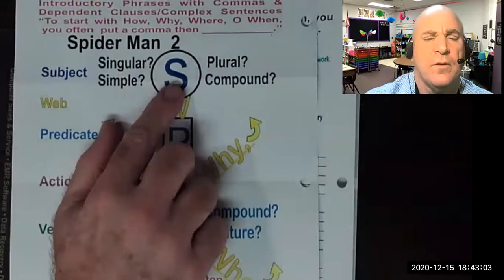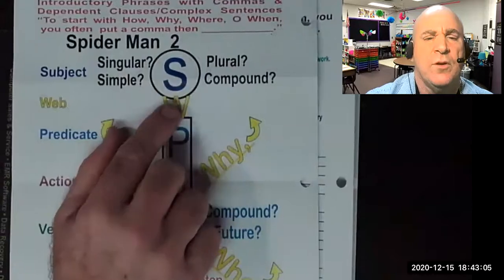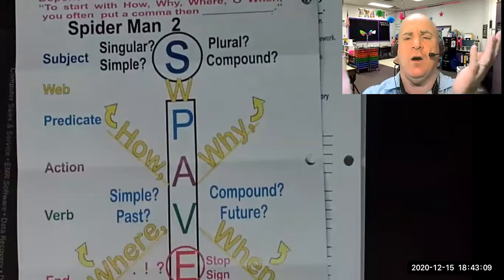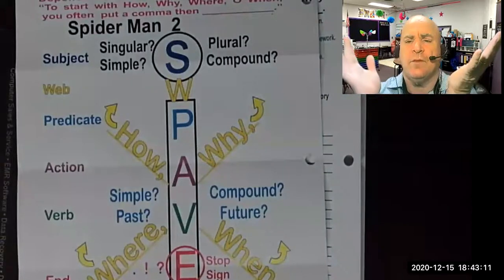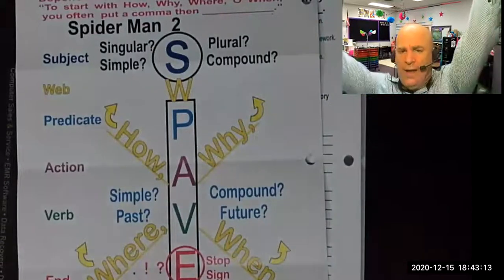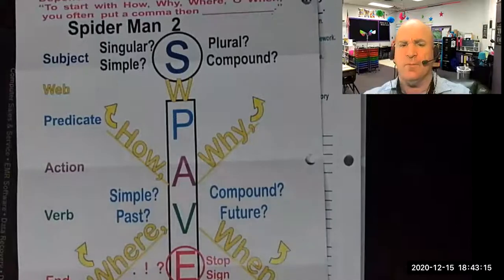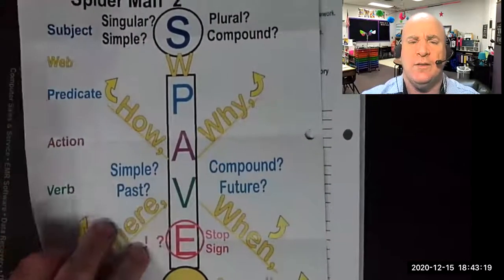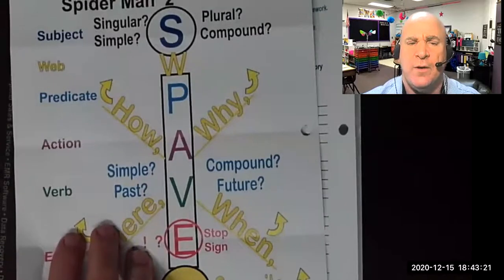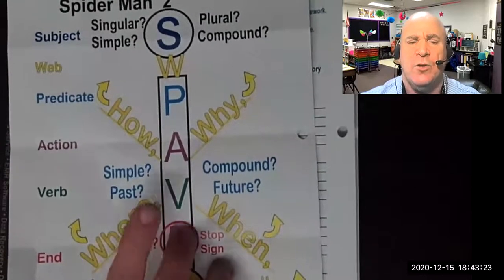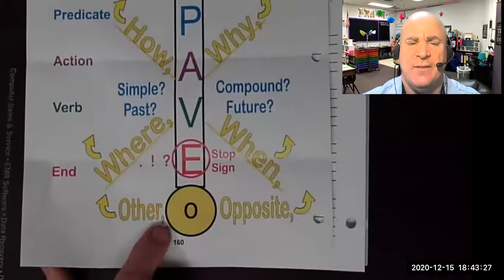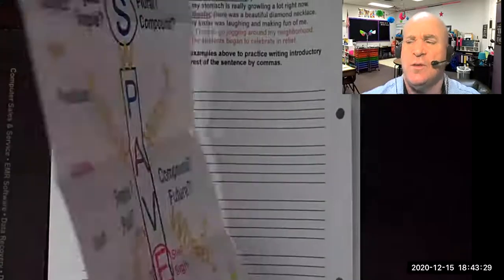Now watch me say it again, but using this stick man called Spider-Man 2. To start, there's a subject, with, there's this little web, how, why, and look at the yellow. Now that the yellow is pointing up, it's saying you're going to start with those things instead of ending with those things.